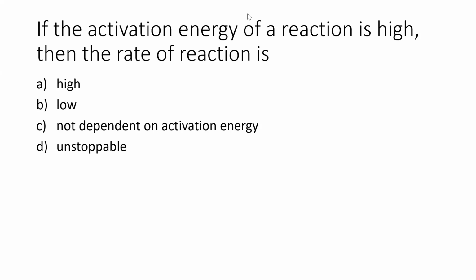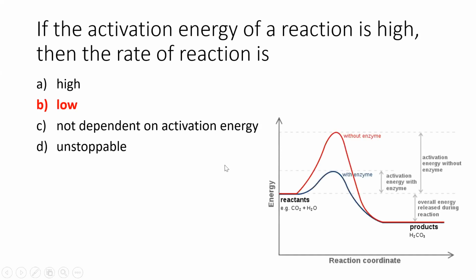Okay, let's take a look here. So the question is, if the activation energy of a reaction is high, then the rate of the reaction is... A lot of you selected B, and B is correct, okay? If the activation energy of the reaction is high, then the rate of the reaction is going to be low or slow, right?